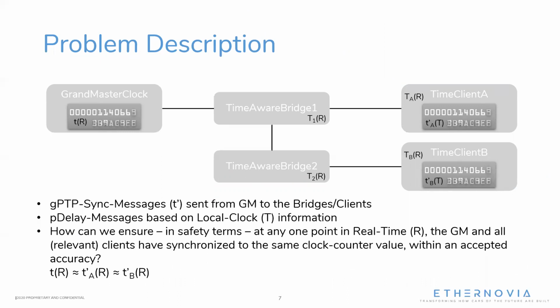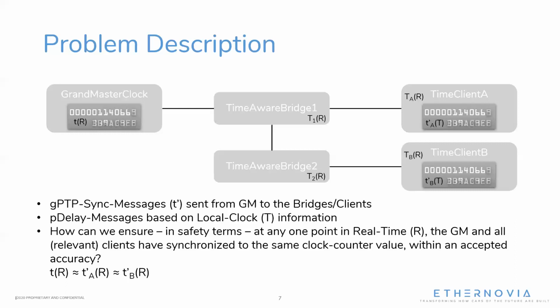These sync messages are forwarded by time-aware bridges to either other bridges or other time-aware clients, and all link partners perform pDelay measurements on the local link, but effectively there is no feedback from the clients or from the bridges to anybody outside to say whether this synchronization process has actually worked correctly or whether there has been a problem.